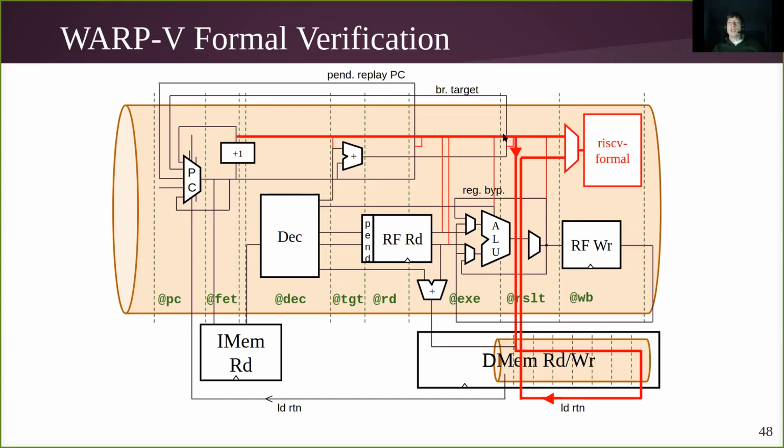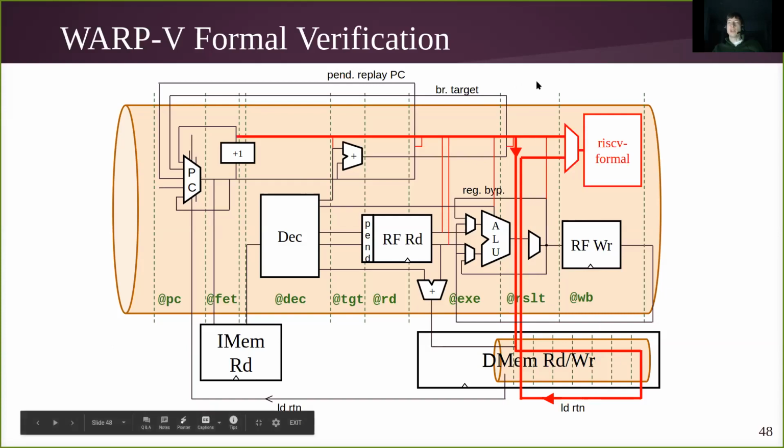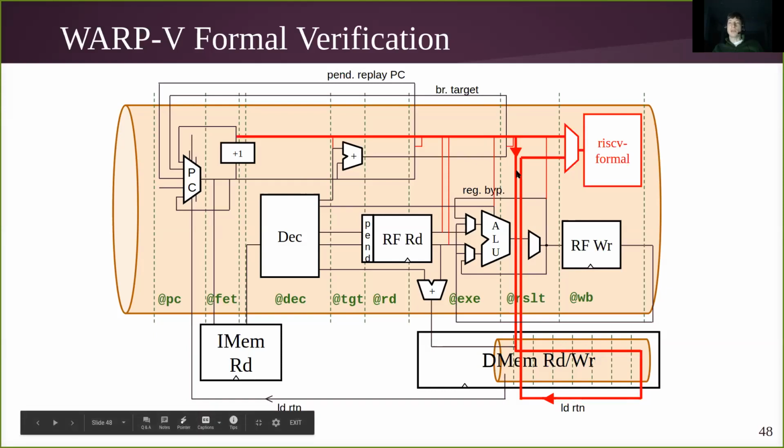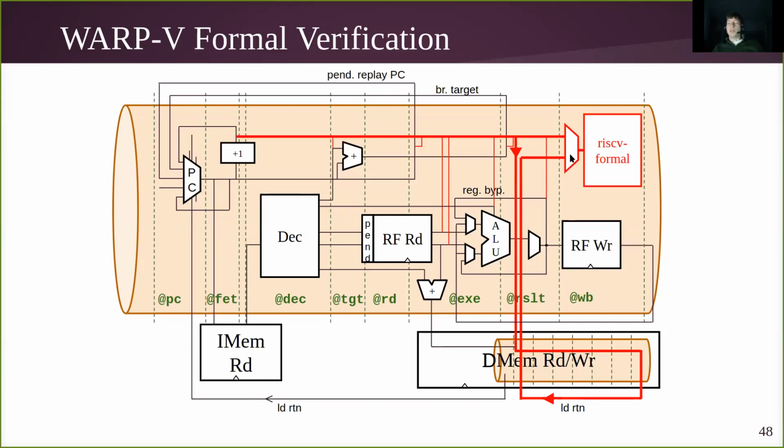One would be at the end of this pipeline to store off in a storage structure all the fields of the instruction that are relevant, and then when the data comes back from memory, look that up and present it to RISC-V formal. In our case, with transaction level Verilog modeled as a transaction flow, it's very easy for us to just take advantage of that flow and let the fields of the instruction carry forward with that flow along with the instruction through memory to be available to present to the checks.